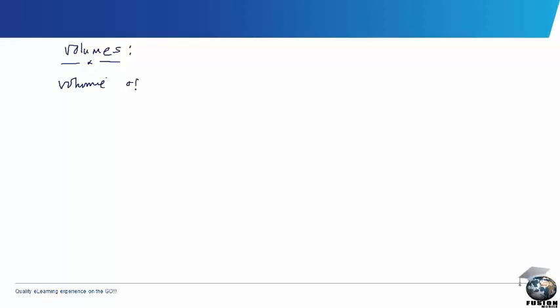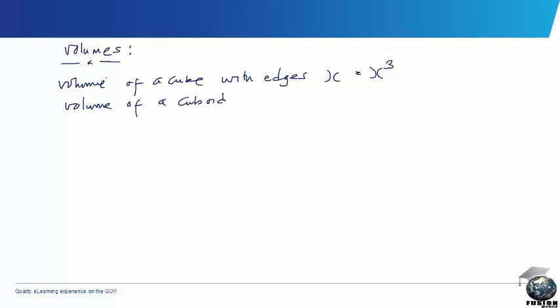Volume of a cube with edges s is equal to s cubed. Remember what we said about the cube. And then volume of a cuboid with edges x, y, z is equal to x times y times z.